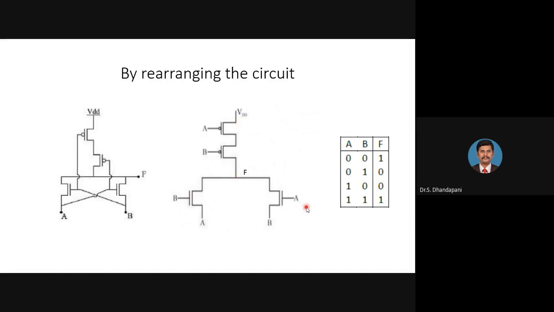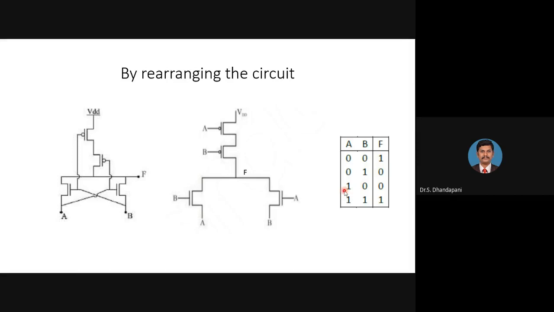When A equal to 0, this particular NMOS is off. When B equal to 1, this NMOS is on. For this NMOS, we have connected A. This A is equal to 0. So this 0 is available in the output F. So the output is 0.